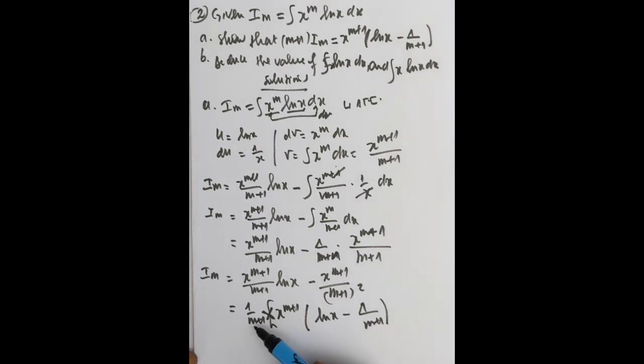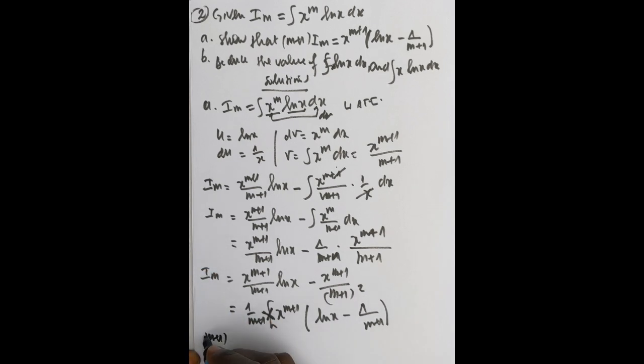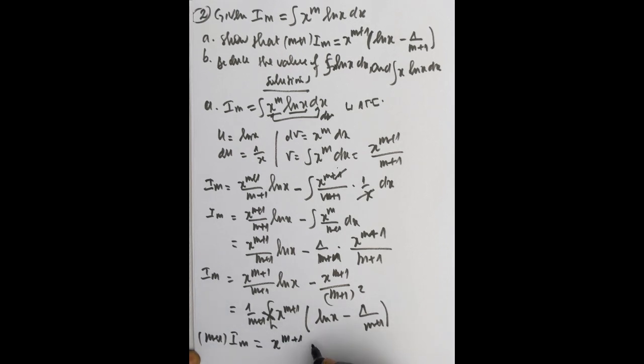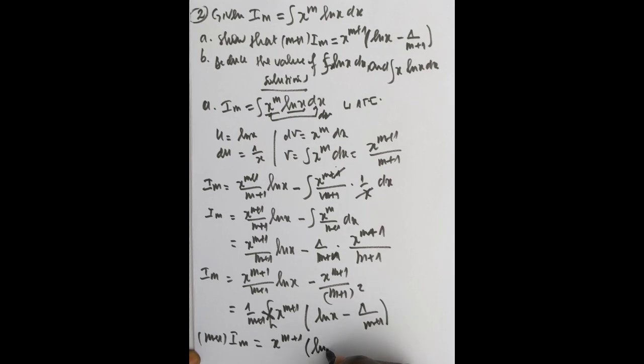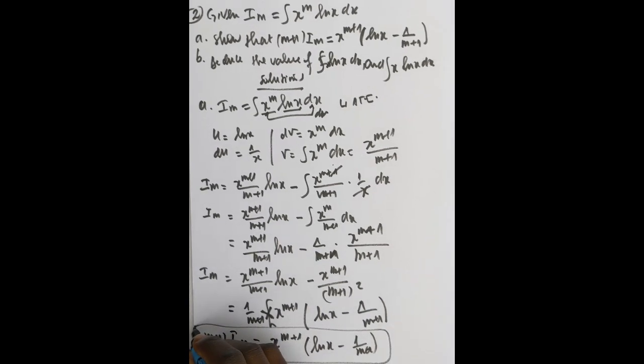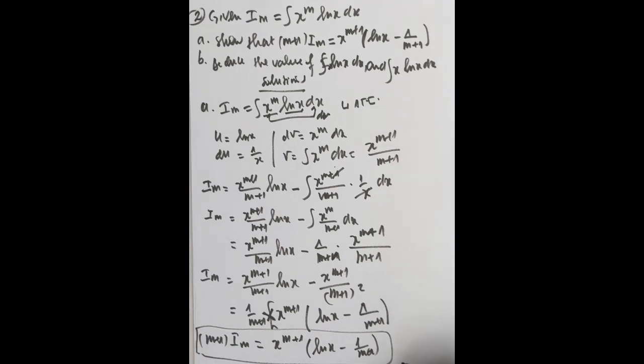So I can multiply this m plus 1 here so that I can get m plus 1 Em will be equal to x power m plus 1 bracket of ln x negative 1 over m plus 1. This is the required identity.